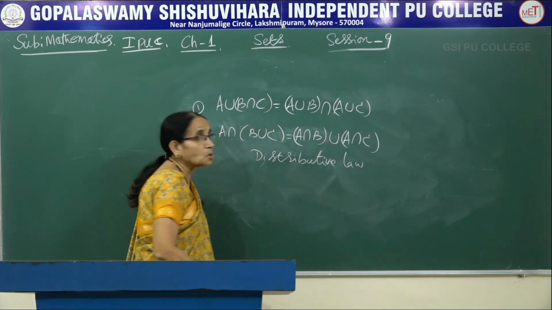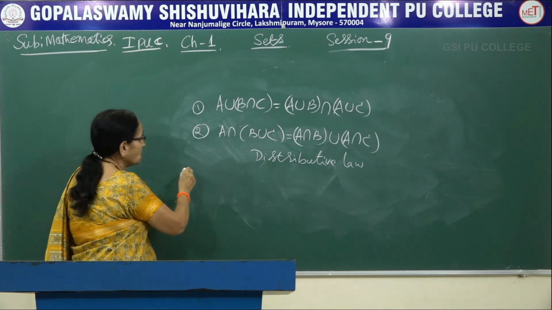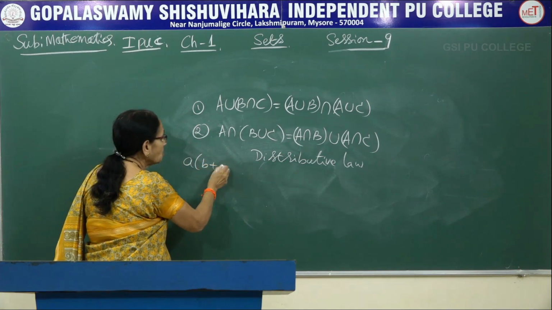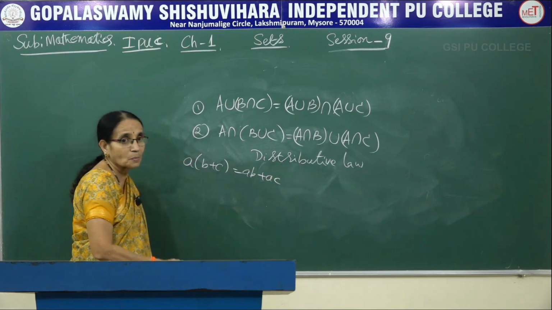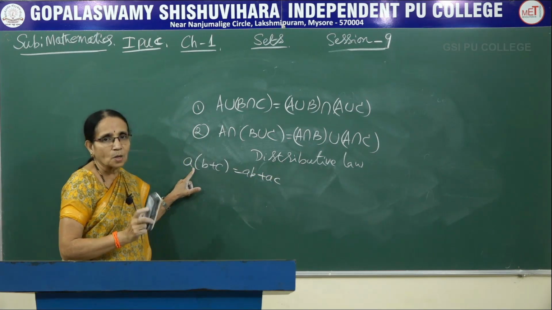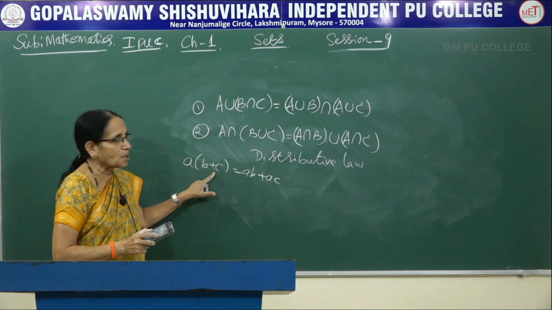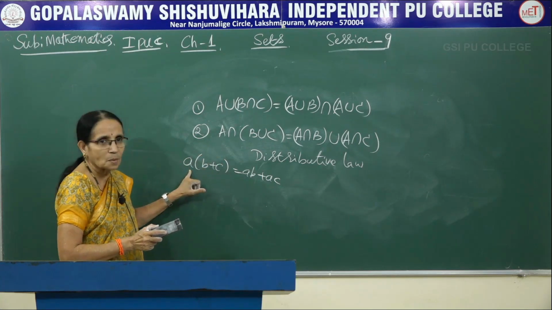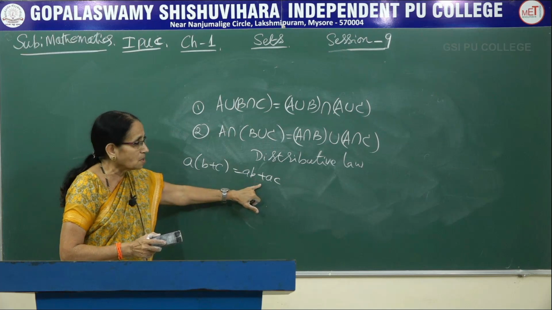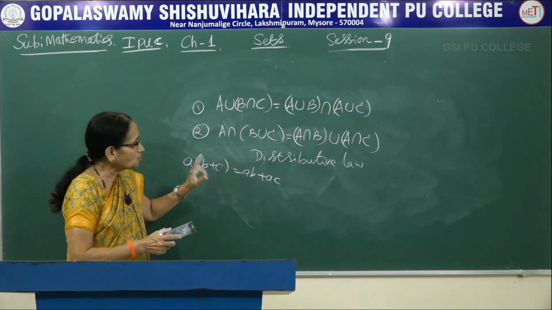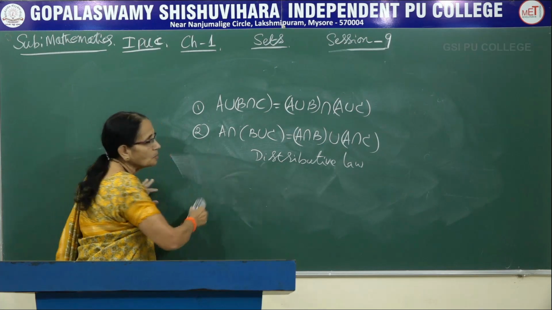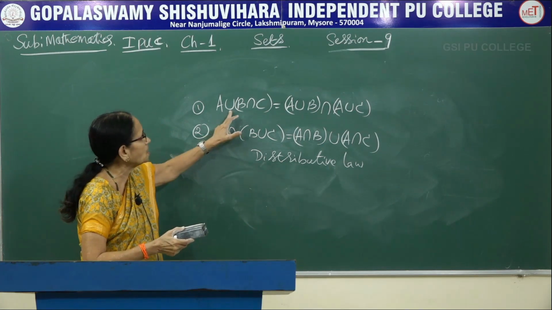You have learnt about this in high school algebra, like A into (B plus C) is AB plus AC. I hope you remember. Here, multiplication is one operation, addition is the other operation. So adding and then multiplying is as good as writing the sum of the two products. For the distributive law, there have to be two operations. Here, we have union and intersection.